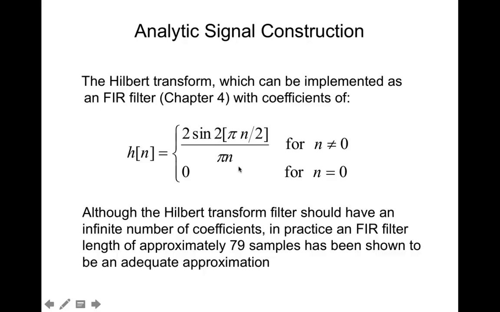A perfect Hilbert transform filter needs, obviously, an infinite number of coefficients, but in practice, if you take approximately 79 samples, that's typically a good approximation. So a 79 order filter is typically what will work in this application.